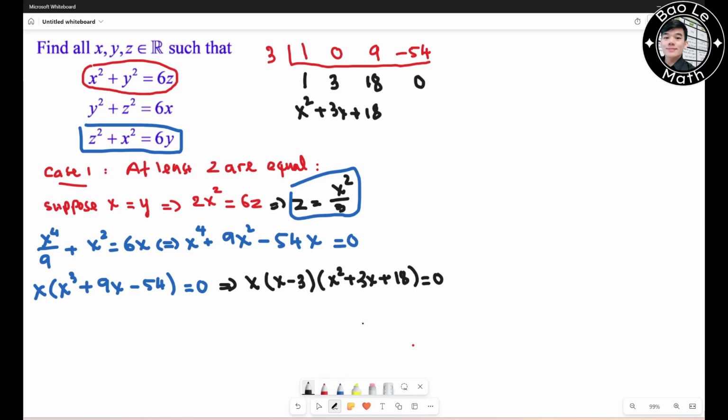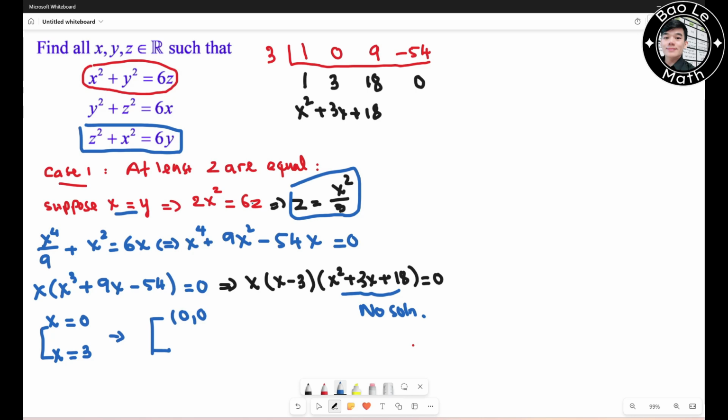Now for x squared plus 3x plus 18, the discriminant is less than 0, so it has no real solution. So this equals 0 only if x equals 0, or x minus 3 equals 0, which is x equals 3. With x equals 0, you have the first solution, because x equals y here, so it's 0, 0.